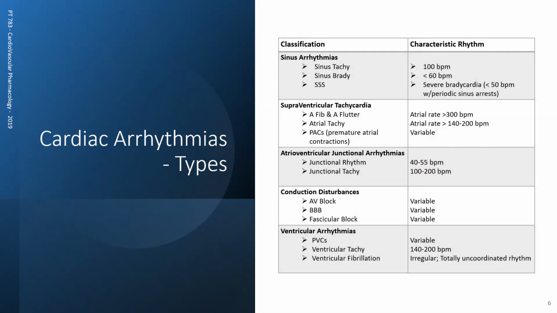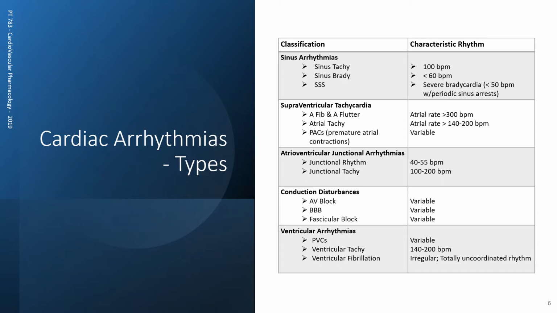Cardiac arrhythmias can be classified broadly into sinus arrhythmias, supraventricular tachycardias, atrioventricular junctional arrhythmia, conduction disturbances, and ventricular arrhythmias. Very broadly, sinus arrhythmia is an arrhythmia that is originating from the sinoatrial node of the heart.